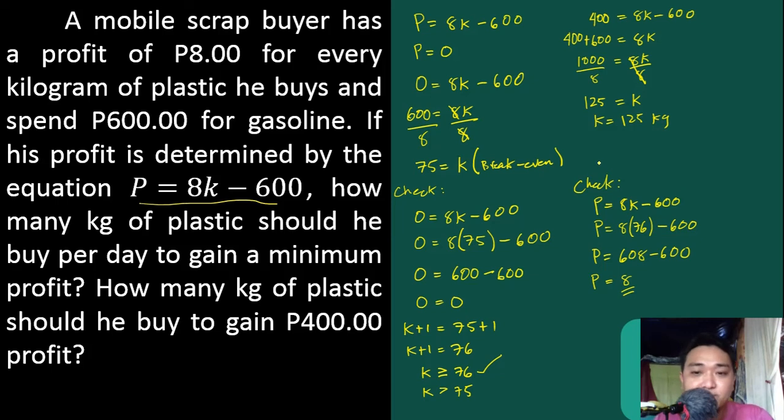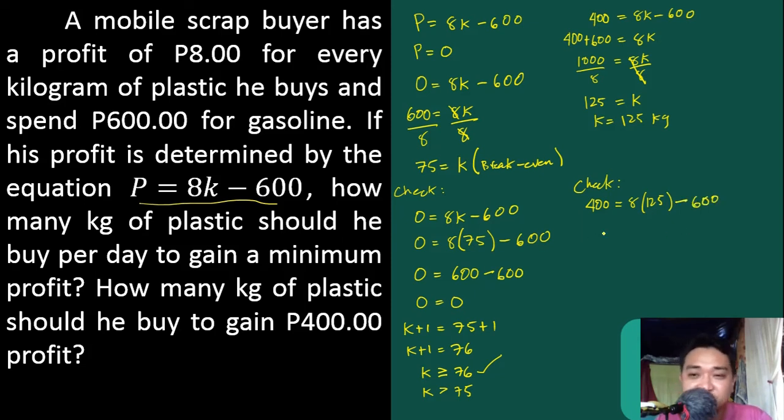scrap. Okay, check ulit natin kung tama yung 125 kilograms. Ano po? So, let us check. If the scrap buyer wants a profit of 400 pesos, kailangan mag-uwi siya ng 125 kilograms minus yung pinanggasolina, which is 600.